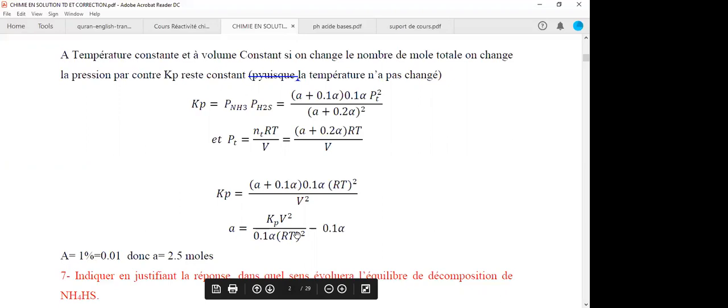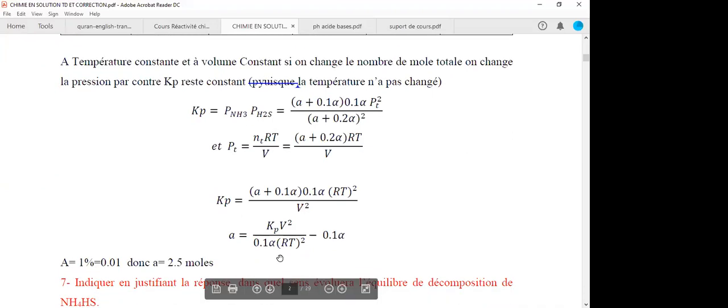R is 0.082. Temperature is 25 plus 273, which is 298. Then 0.1 times 0.01. When you simplify everything, you will find that your value for R is 2.5 mole.